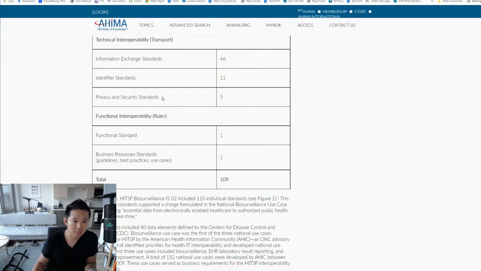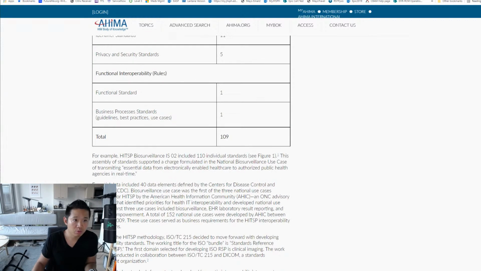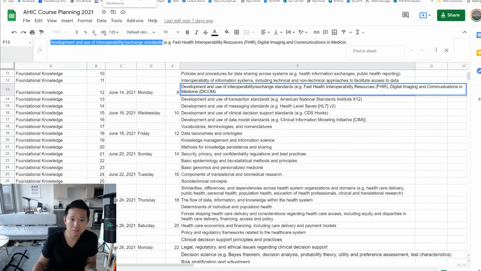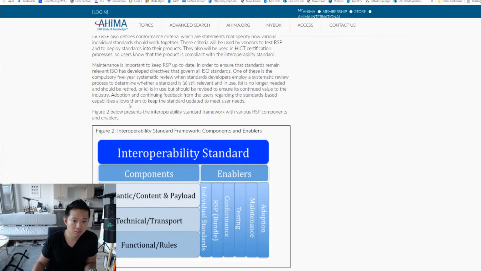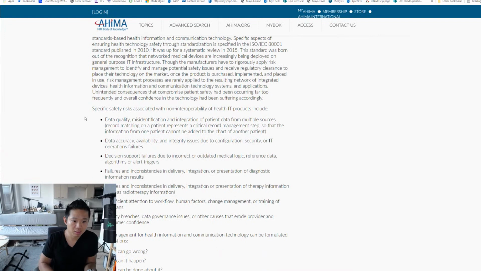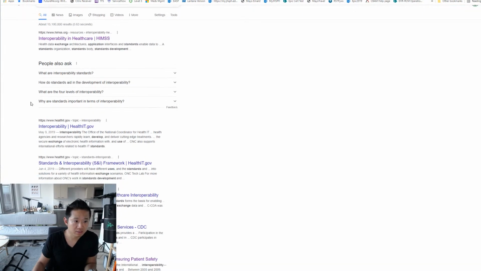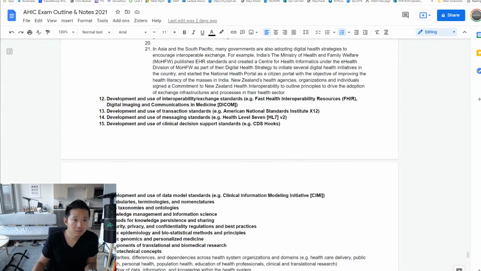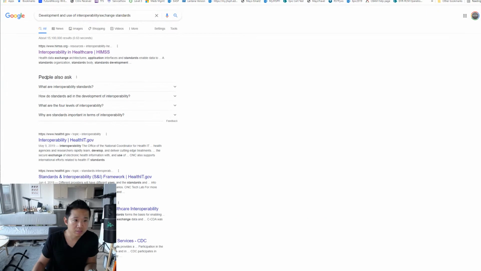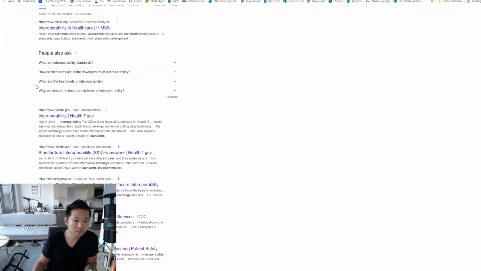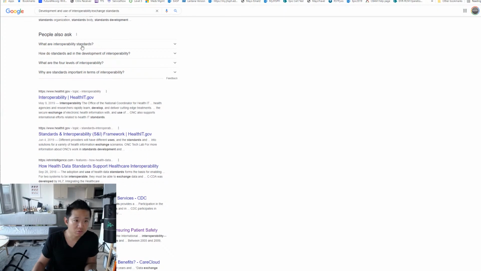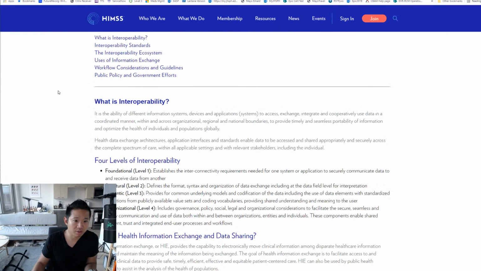So let me see if they can see here number of individual standards. What were we looking for again? It was development and use of interoperability and exchange standards. Interoperability. FHIR is not in there. Development interoperability standards. I kind of want to use that one because that one does cover all of them.